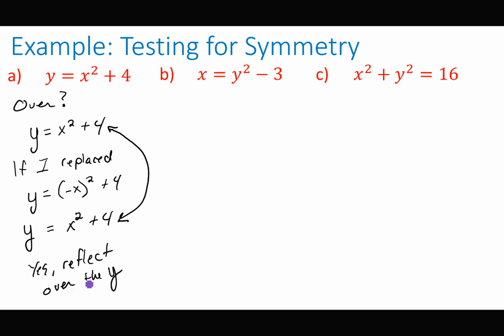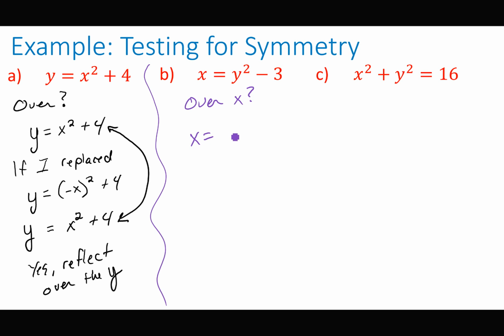Okay, let's take a look at this next one: x equals y squared minus 3. This one starts out as x equals. If I change my x to a negative x, that's not going to work. So let's see, does this reflect over the x?